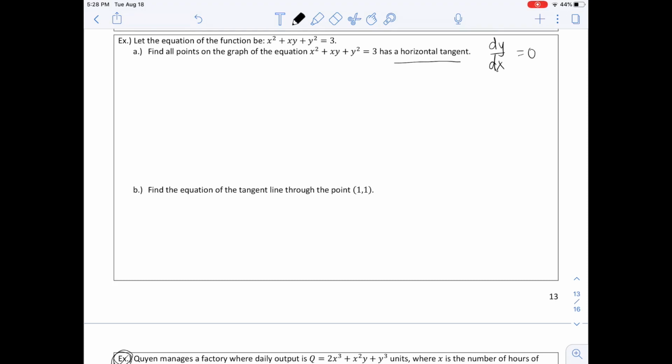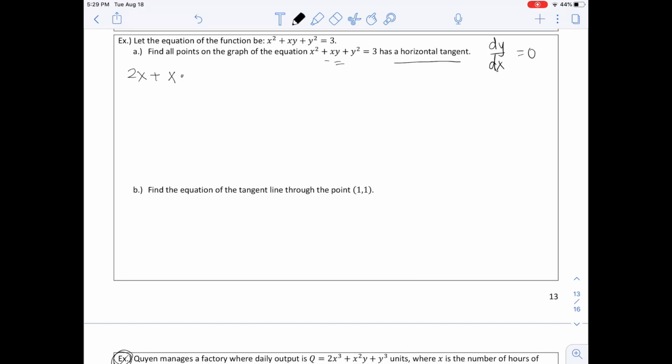So we would have to take the derivative of our function, and notice that we have to use implicit differentiation. Taking the derivative of this with respect to x, we're going to have 2x plus, and now if you notice we have two different things being multiplied together here, two different variables, so we're going to have to use the product rule.